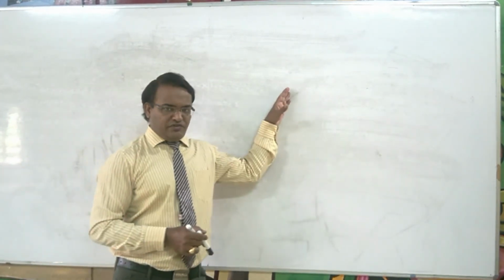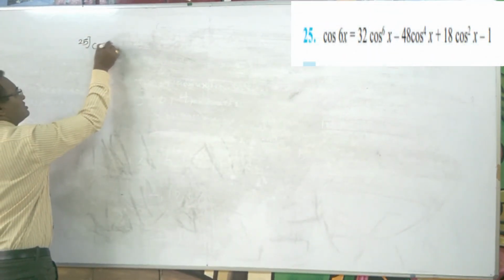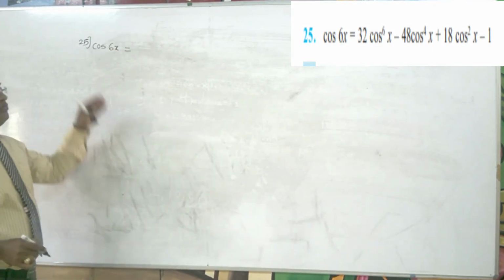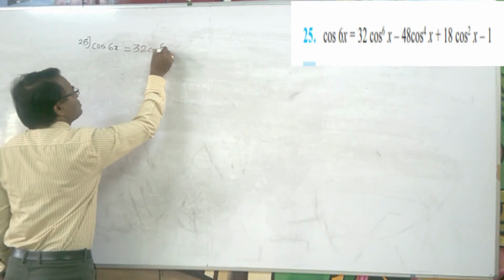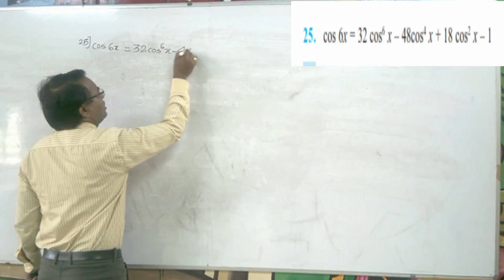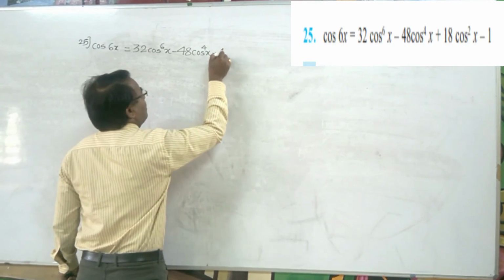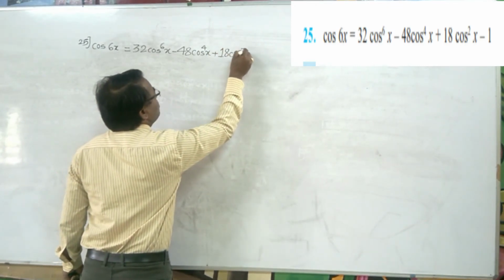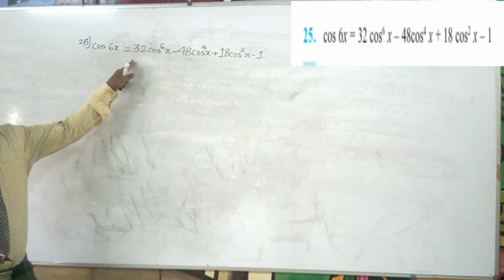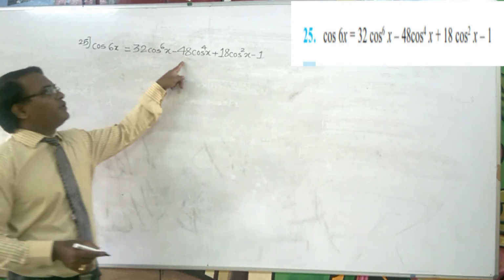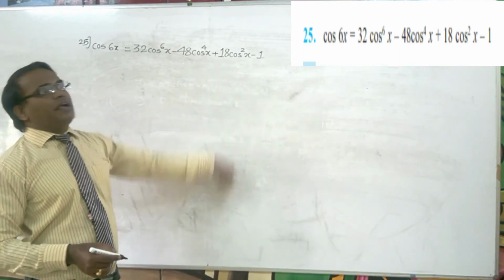The 25th sum is cos 6x, and we have to prove cos 6x is equal to 32 cos raised to 6x minus 48 cos raised to 4x plus 18 cos raised to 2x minus 1.